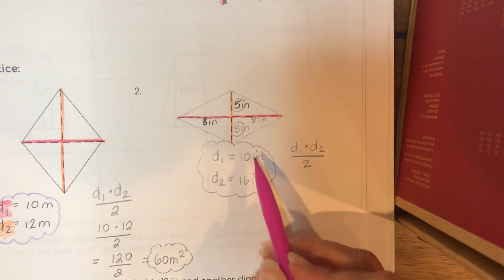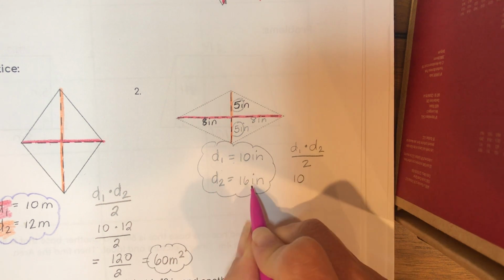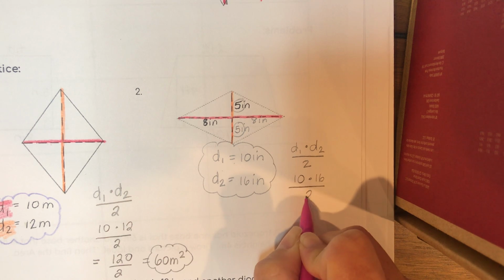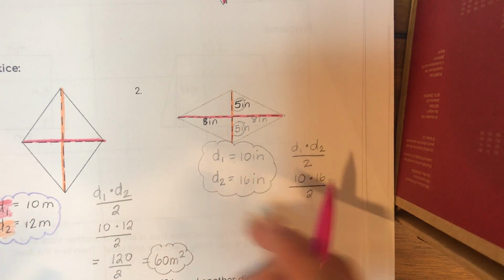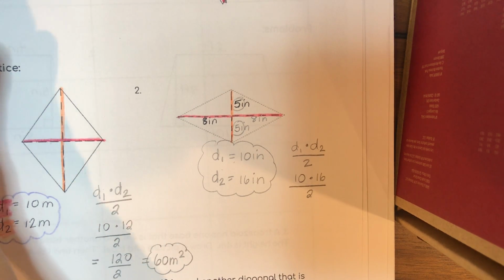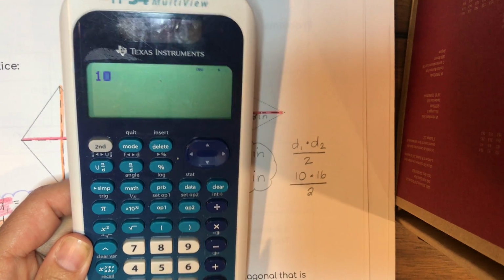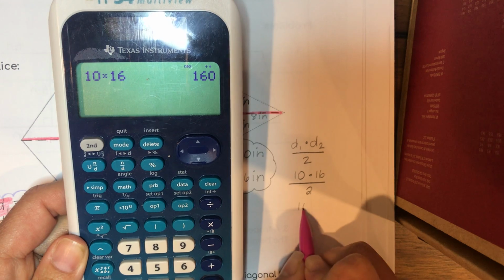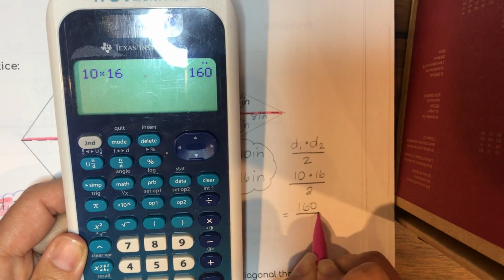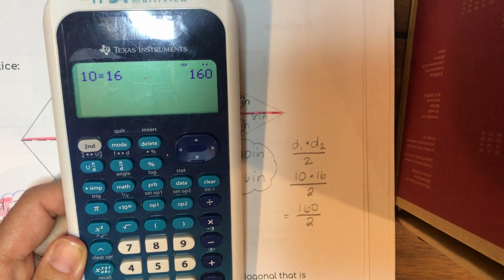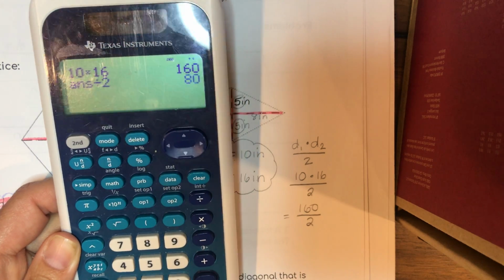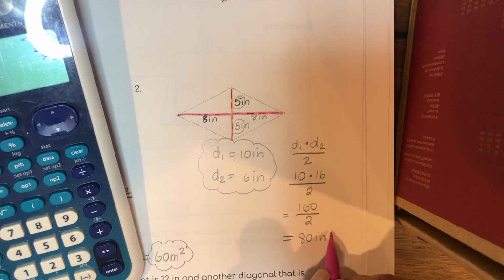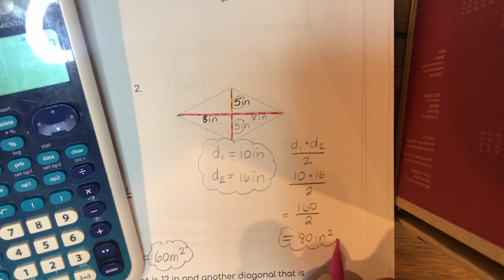My first diagonal is 10, my second diagonal is 16, and I divide by 2. 10 times 16 is 160. We can't forget to divide by 2. So we take that and divide by 2, and we get 80. 80 inches squared is our answer for number 2.